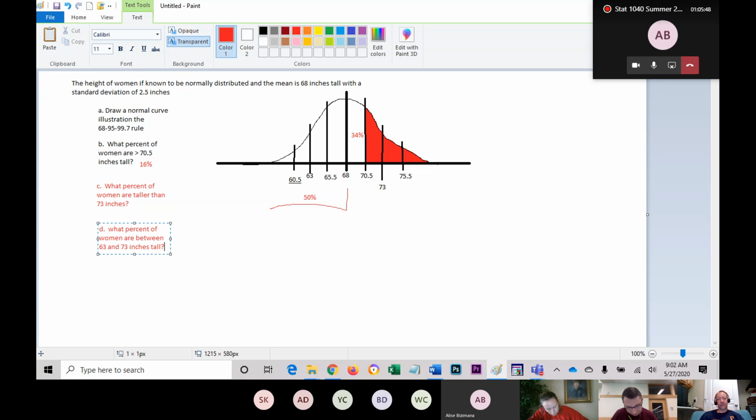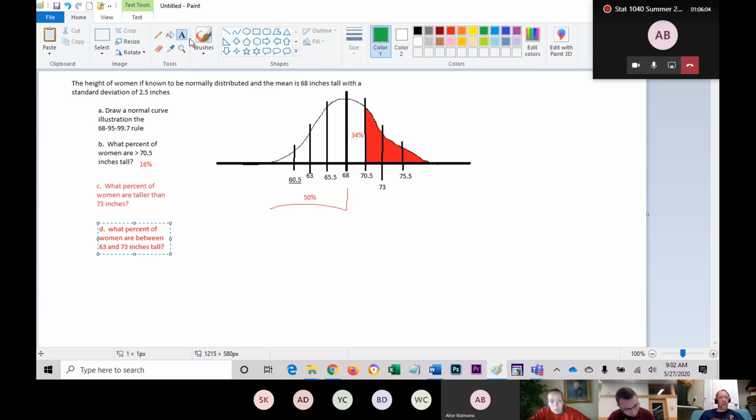Hopefully you know that answer. And just to illustrate here, I'm going to change the colors. So if I paint this, 63 to 73 inches tall, that would be the green area. Could it be 88%?